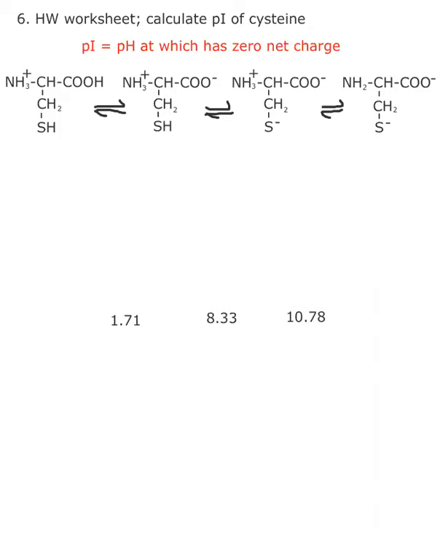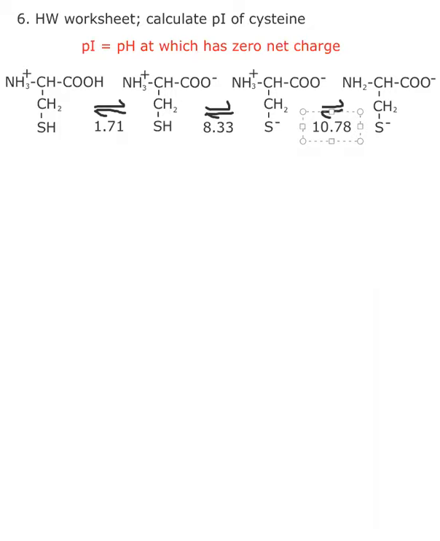So the first pKa is 1.71 here. And then the second pKa is 8.33, which is the pKa of the SH group at the side chain. And the last pKa is 10.78 from the alpha amino group.